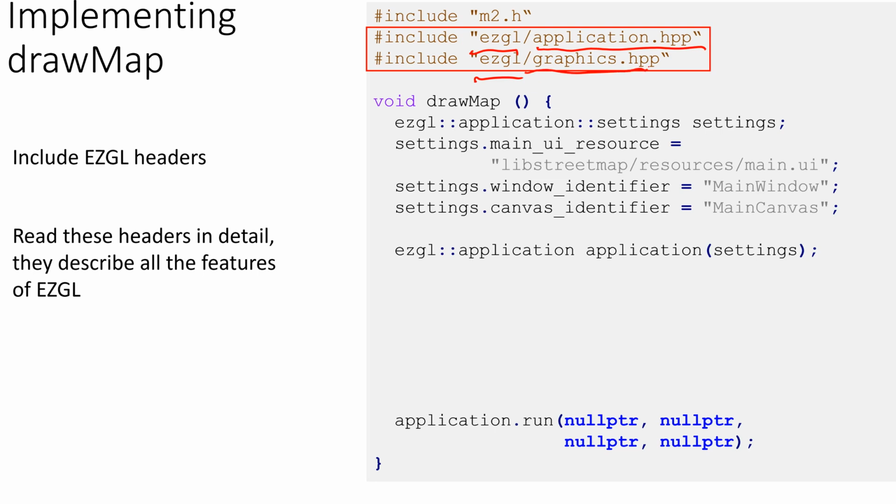The other big header file that you need to include is graphics.hpp. Graphics includes what are called primitives: drawing lines, drawing polygons, and attributes, setting colors, setting line widths. So application.hpp is about setting up the window, making buttons and control, and graphics.hpp is about drawing detailed stuff. You're going to draw a lot of stuff in this milestone because it's about visualizing a map.